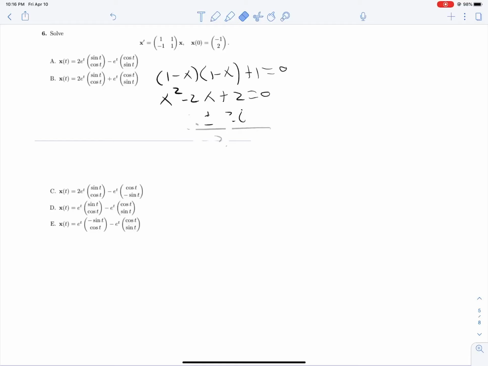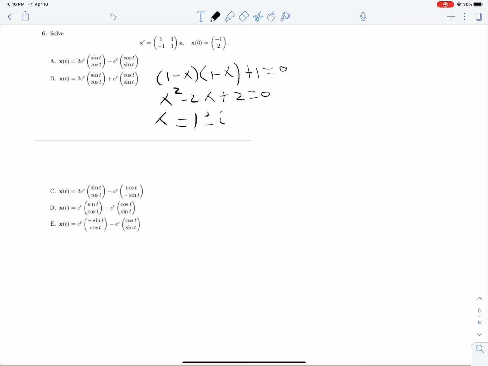So we have 1 plus or minus i as our values for lambda. And remember, for these, especially when we're making a real solution out of here, we only need to work with one of these eigenvalues and its single corresponding eigenvector.